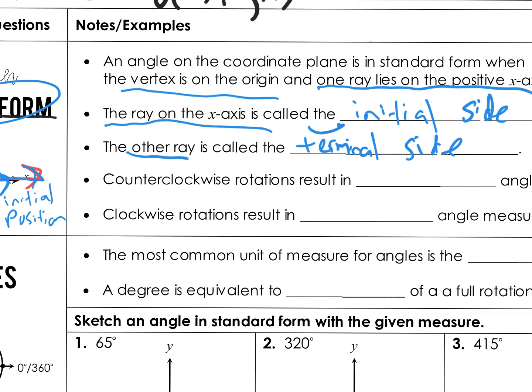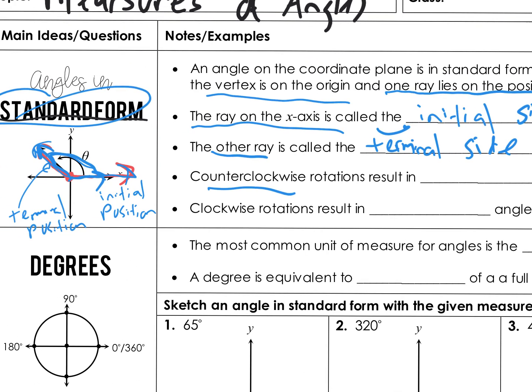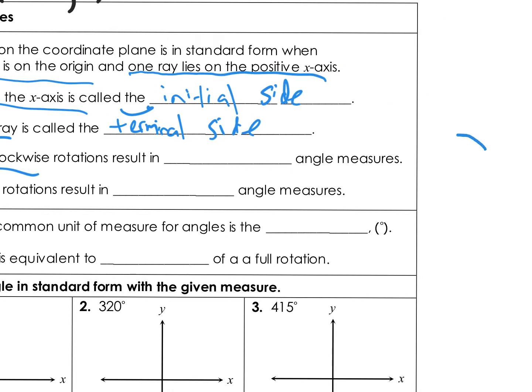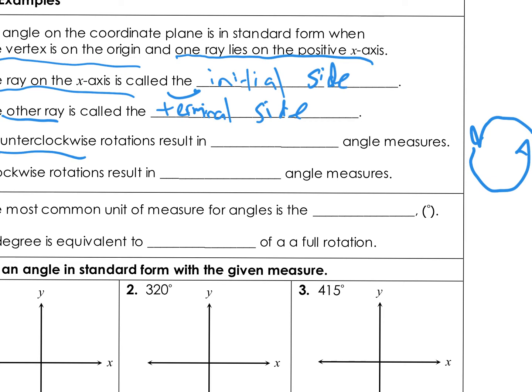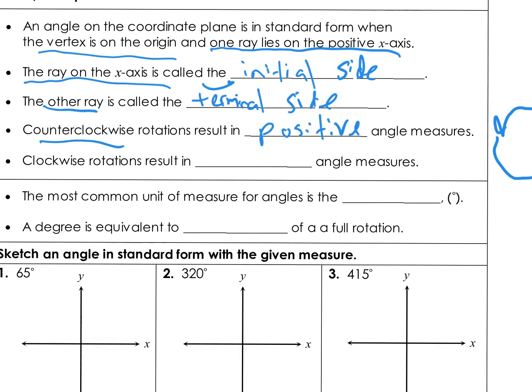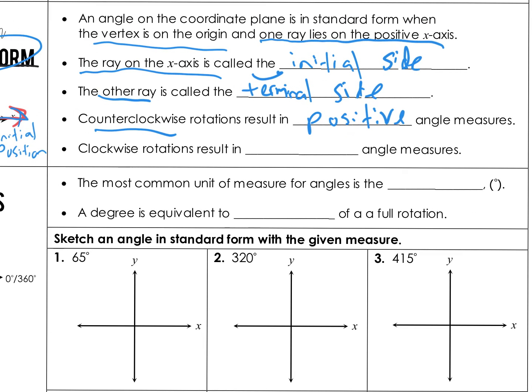If you rotate that leg that is moving to the terminal side counterclockwise, that means you're going backwards on the clock like this. Backwards on the clock. That would result in an angle that is positive.